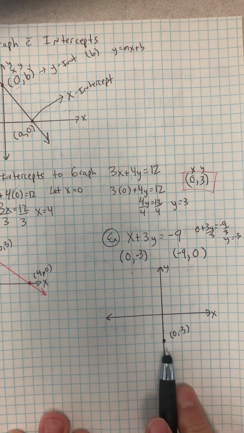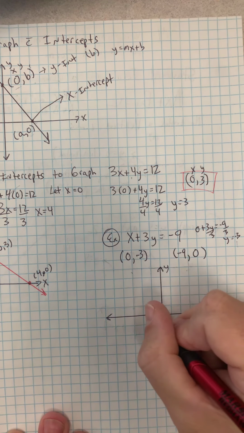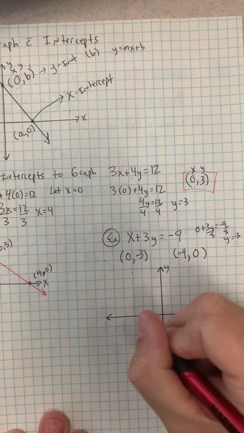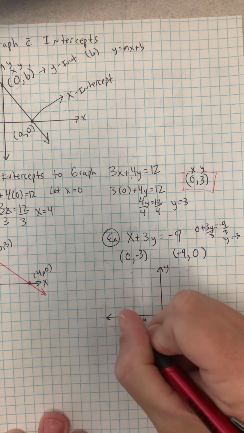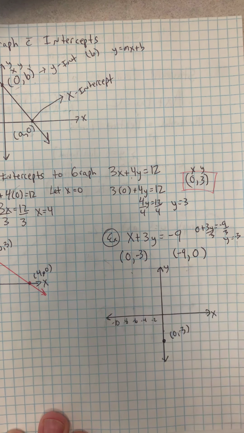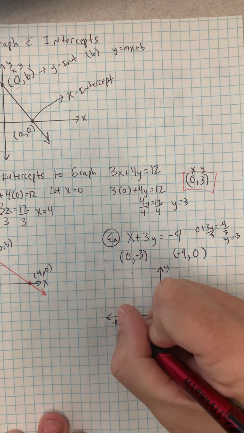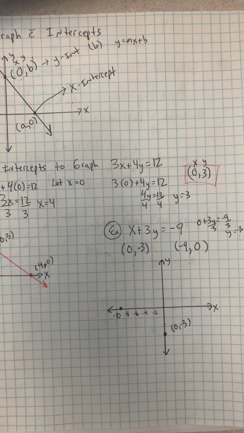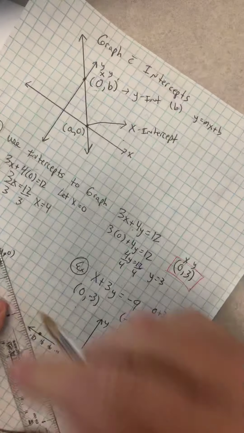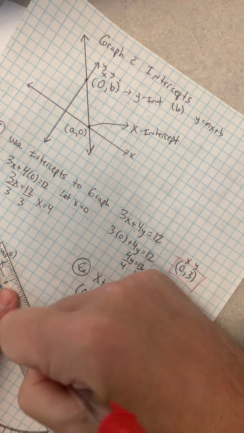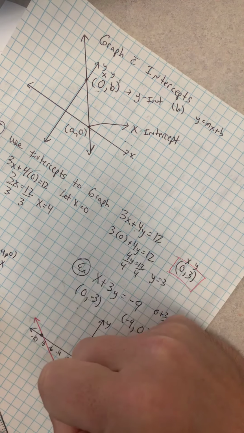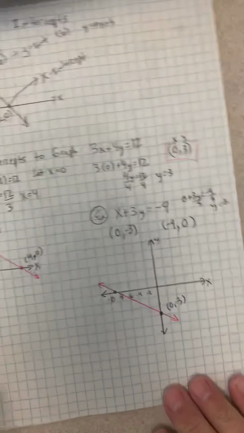Now, this I scale by 1s. This I think I'm going to go by 2s, just to make it easier. -10. So -9, 0 would be right there. I connect my dots, I throw some arrows on the end of my line, and I got it.